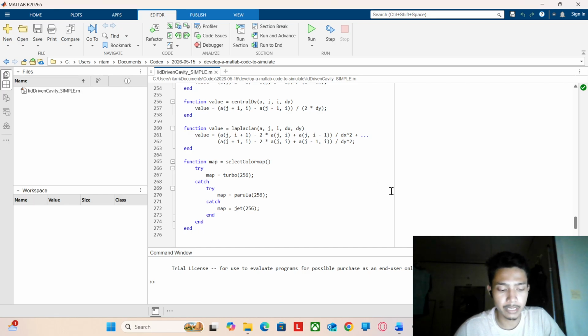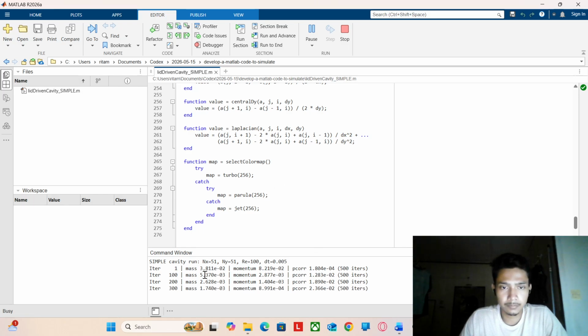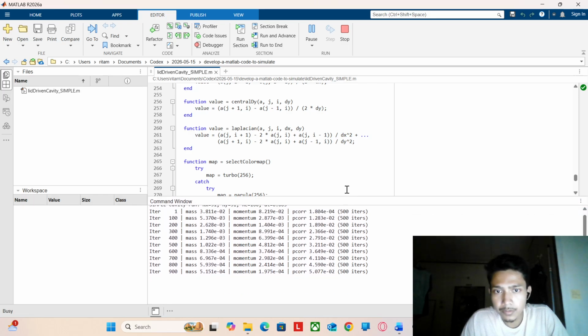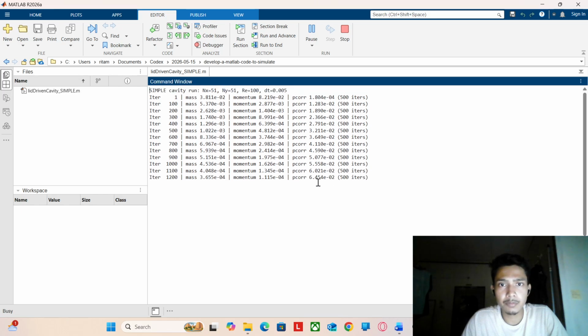Yeah, we have come to an end. So now let's run the codes. Let me expand the command window so that you all can see it properly.